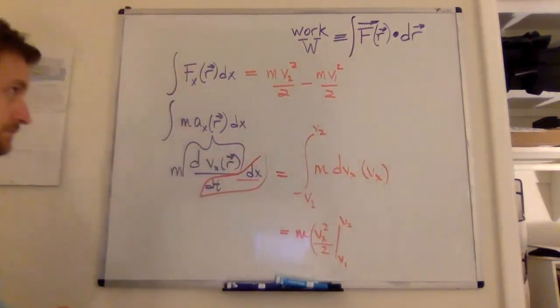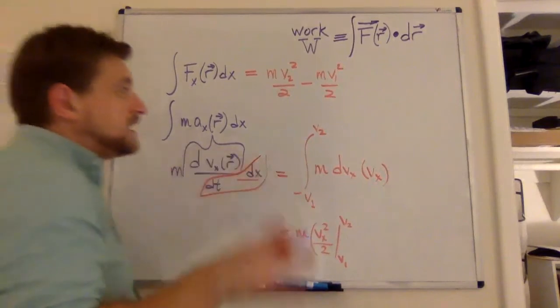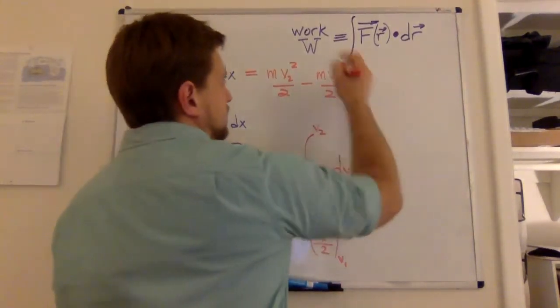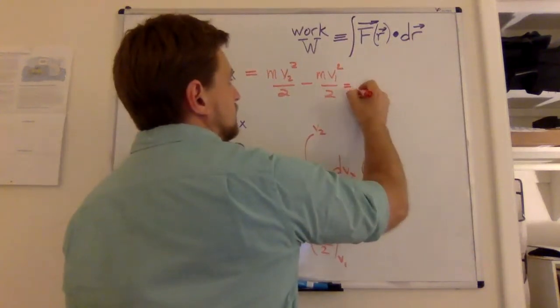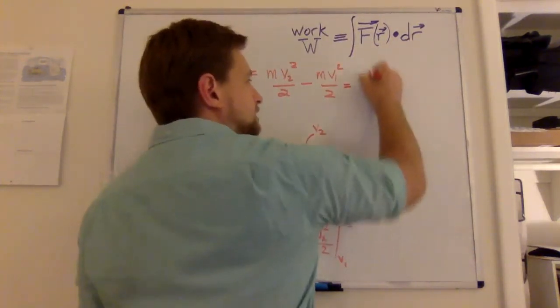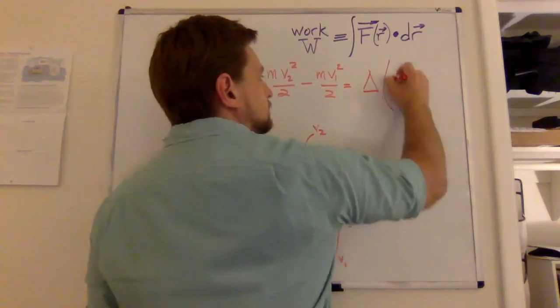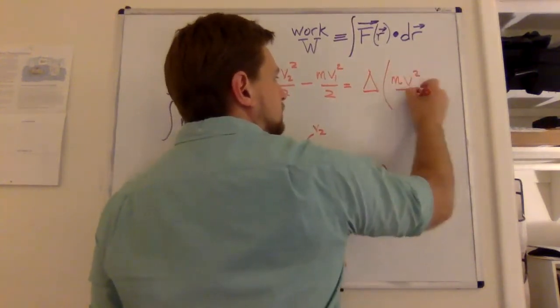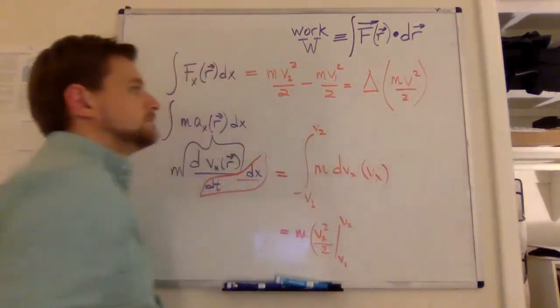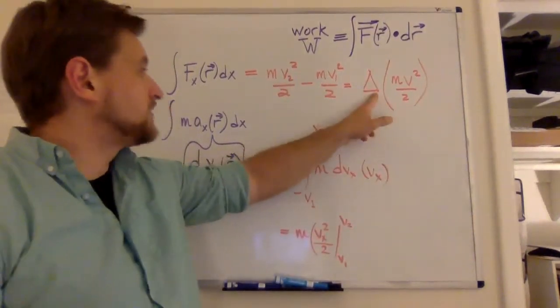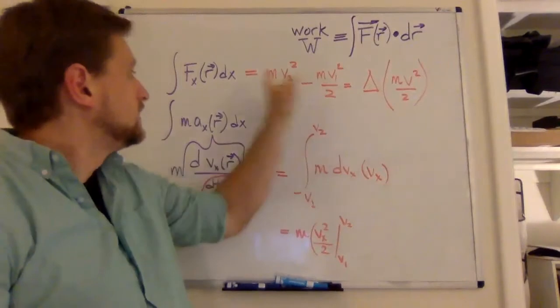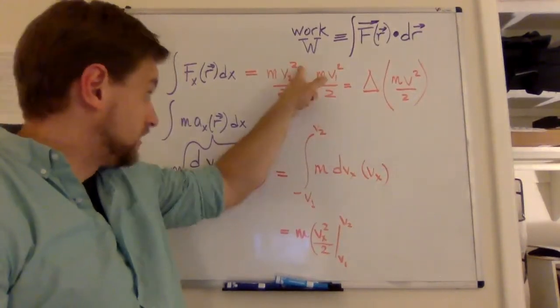And, you know, I've got to be honest, that looks an awful lot to me like the macroscopic change in some quantity, mv squared over 2.